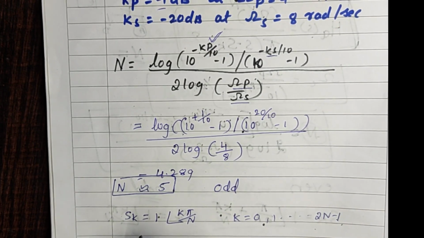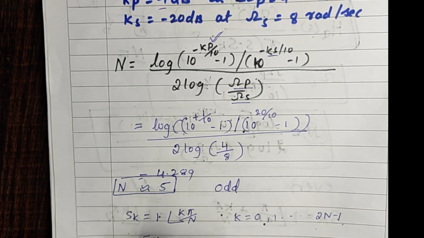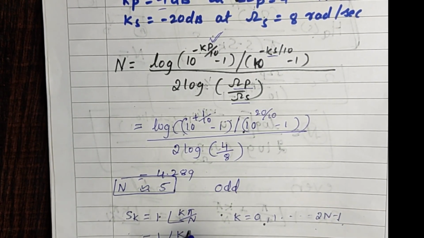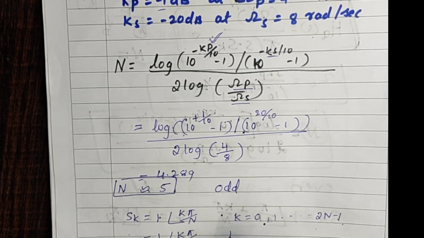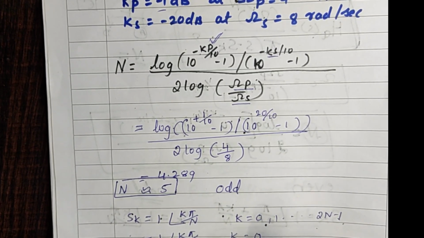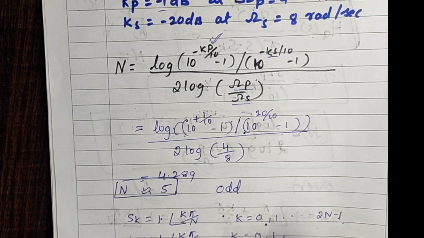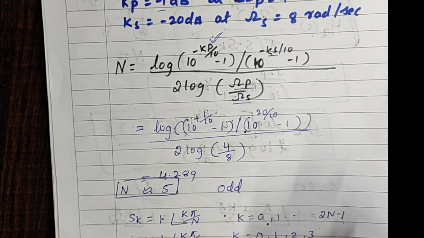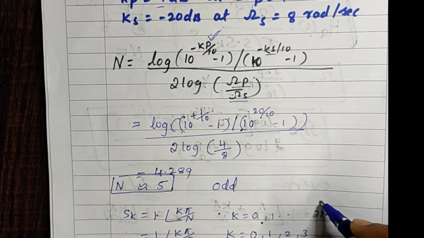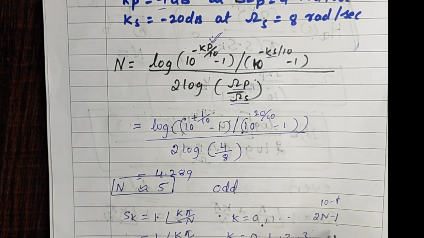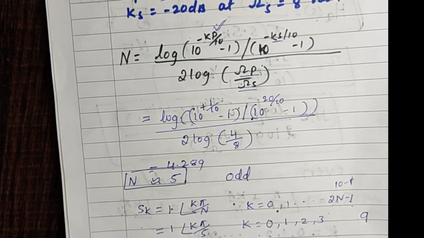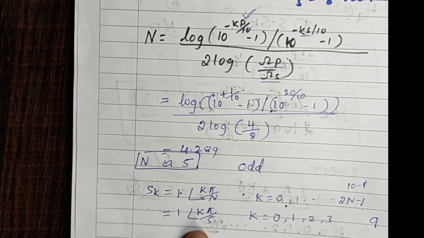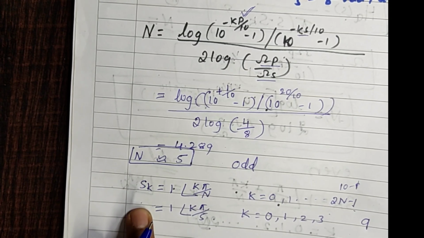So here it is 1 at an angle k pi by 5. We have to start calculating at k equal to 0, 1, 2, 3, up to 2n minus 1, which means 2 into 5 is 10, and 10 minus 1 is 9. Till 9 we have to calculate the poles.